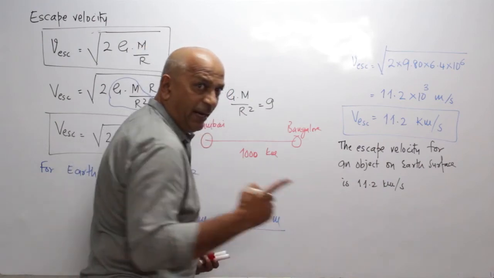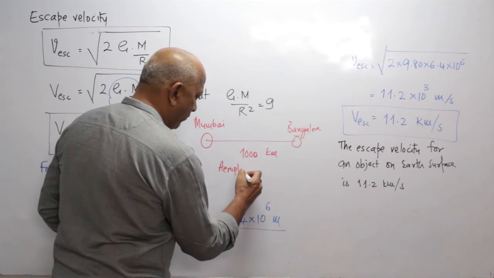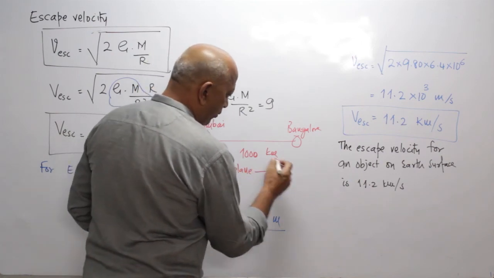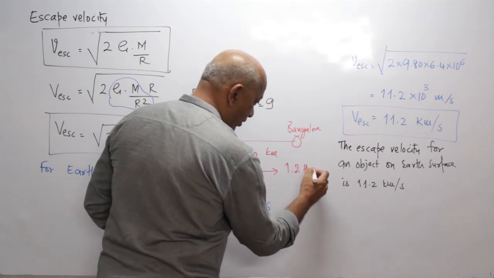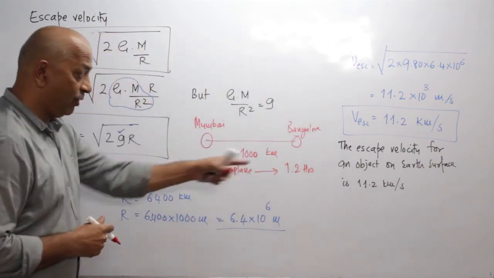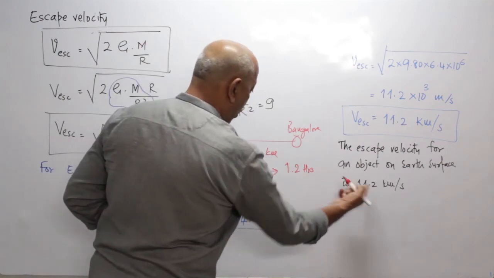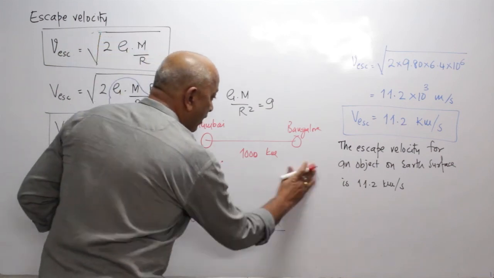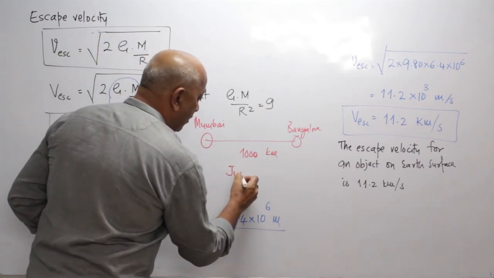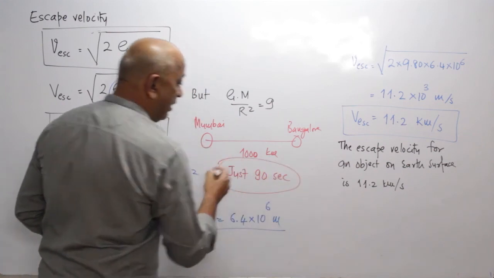If you had to go by aeroplane, it takes 1.2 hours for this travel, and for this one, if you say 11.2 kilometers per second, it is just 90 seconds.